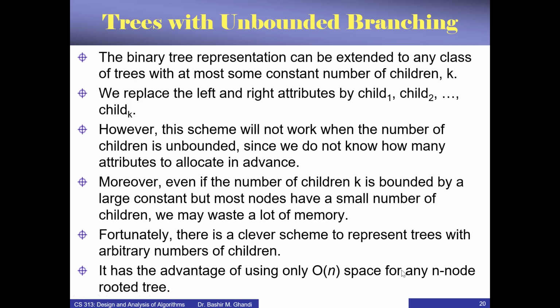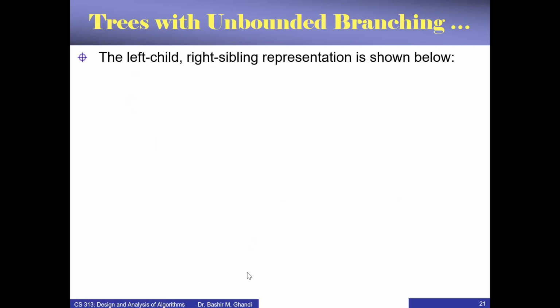Even though the k is unbounded, it's arbitrary, it can be any value. We don't have to know it in advance. This is called the left child right sibling representation of a tree. This is the one that will actually help us to save this memory.